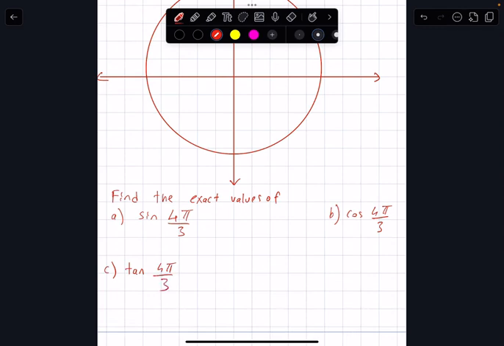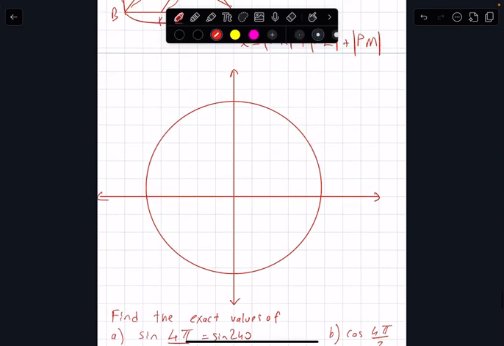Okay. So, what is 4 pi over 3? Let's first find that. Pi is equal to 180. 4 times 180 divided by 3. What is it equal to? 240. It's actually asking me to find sine 240.